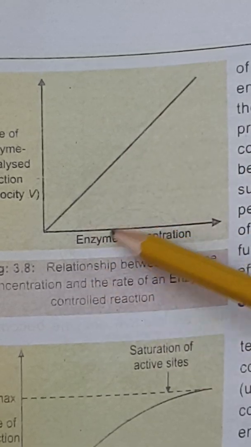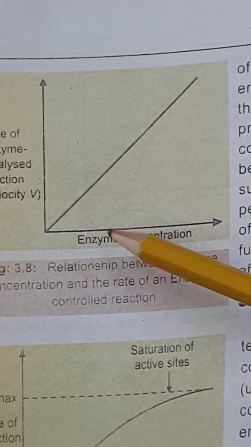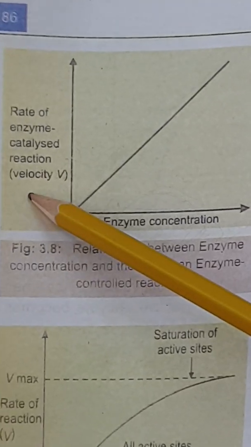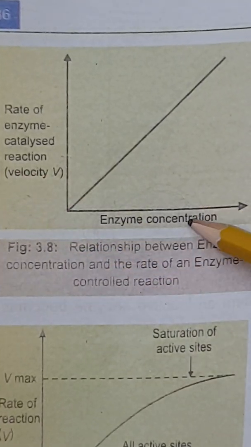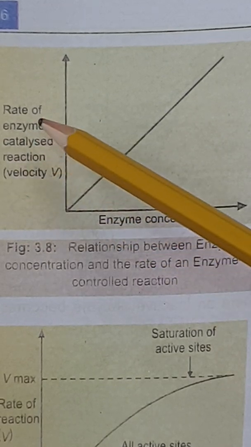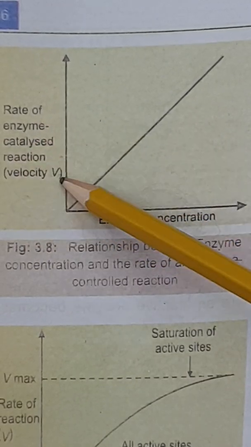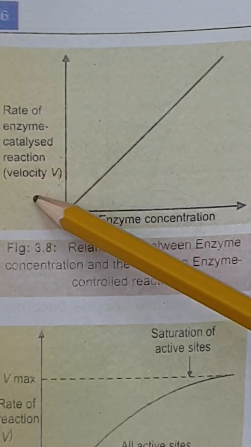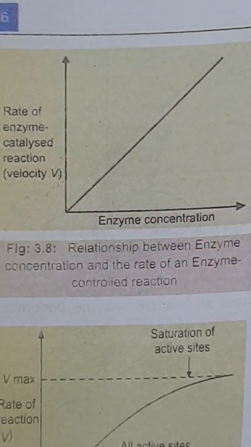So the enzyme concentration is directly proportional to the rate of reaction: when we increase the enzyme concentration, we have a more rapid rate of chemical reaction. The velocity will be increased.